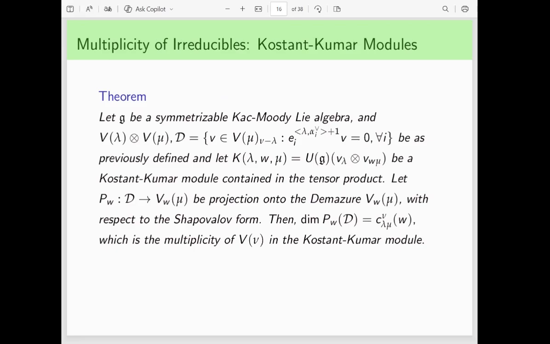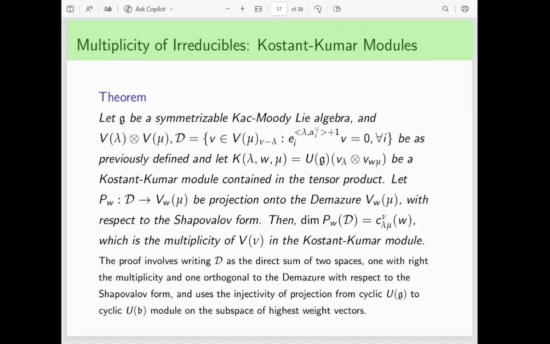That is what gives you the correct multiplicity. And the proof crucially uses the fact that for the Shapovalov form, when you have a projection from a cyclic U(G) module to a cyclic U(B) module generated by the same vector, then this projection becomes injective.